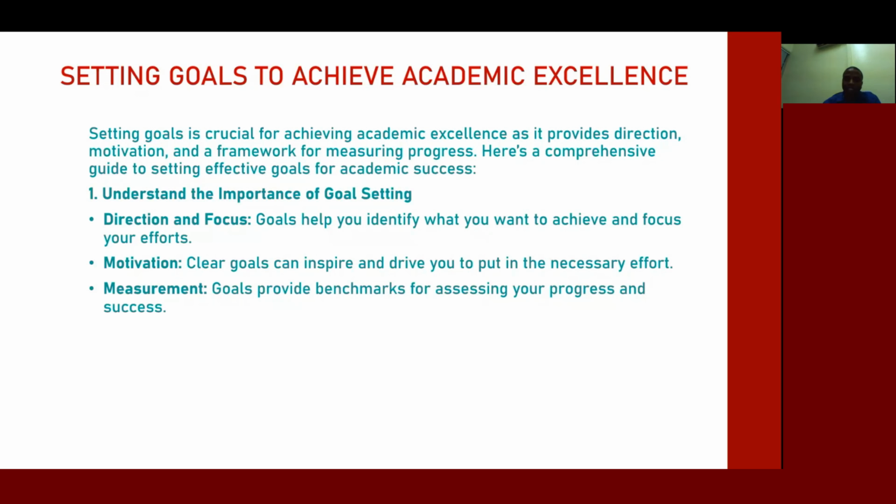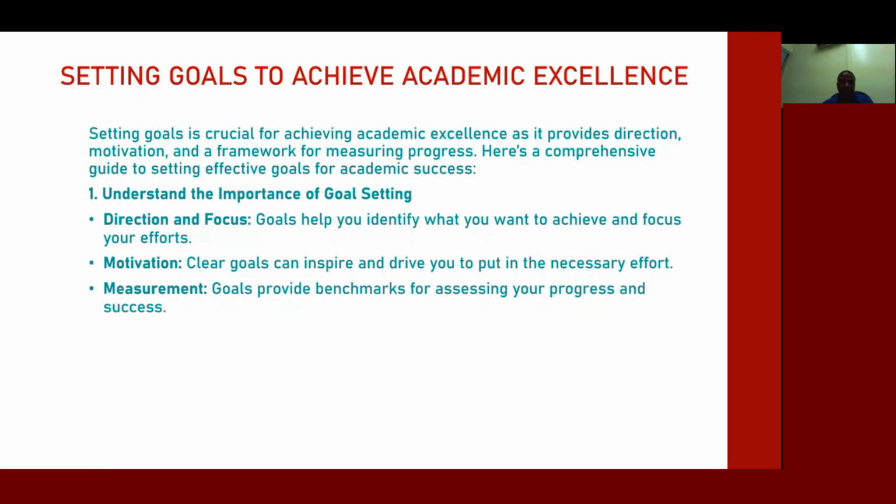There's also what is motivating us. So when we have got clear goals that can inspire us, we are able to have that energy from within that normally pushes us to achieve whatever we want. Without this motivation from within ourselves, it's not easy to realize academic excellence.